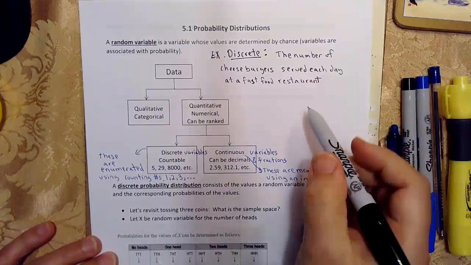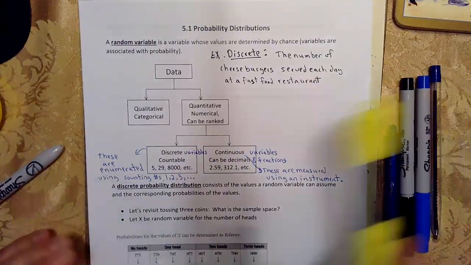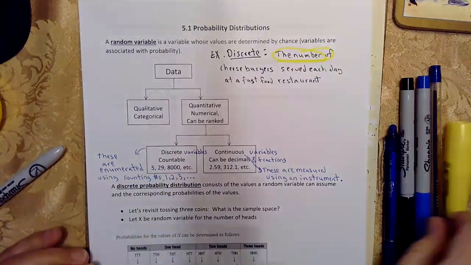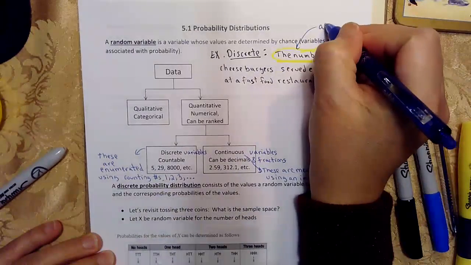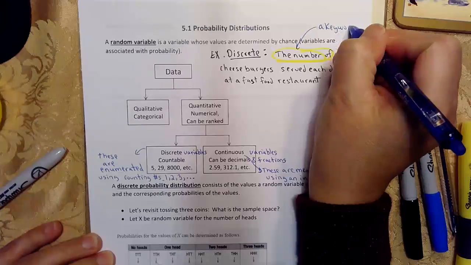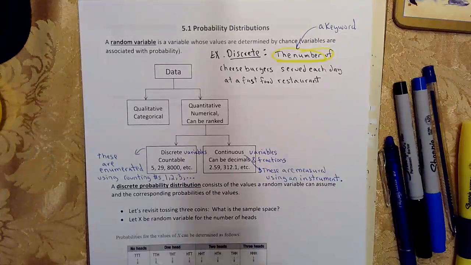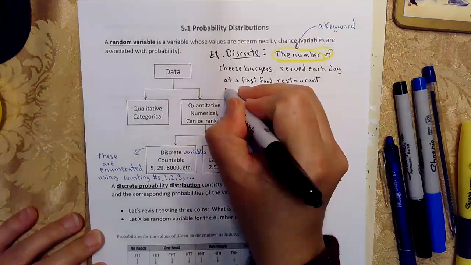And I won't put a period because it's not really a sentence with a subject and a verb. It's more like a participial phrase. And the key word is the number of. So oftentimes with discrete, they'll have that, the number of something. And this is considered discrete because cheeseburgers are countable. So, justification.